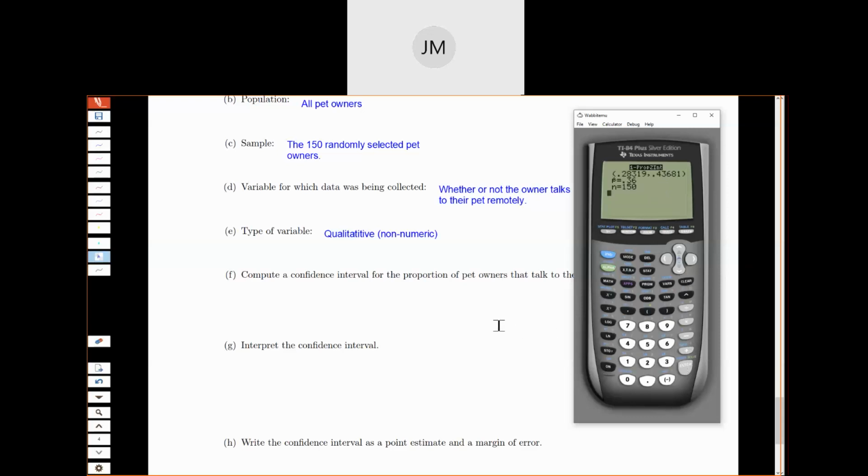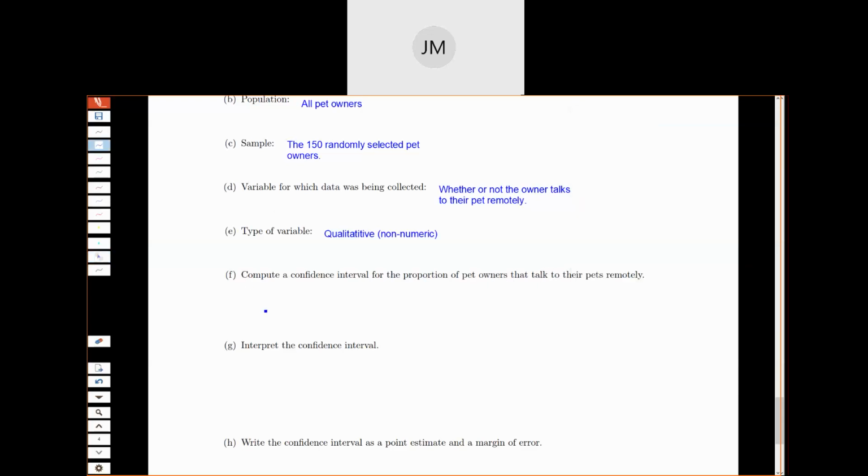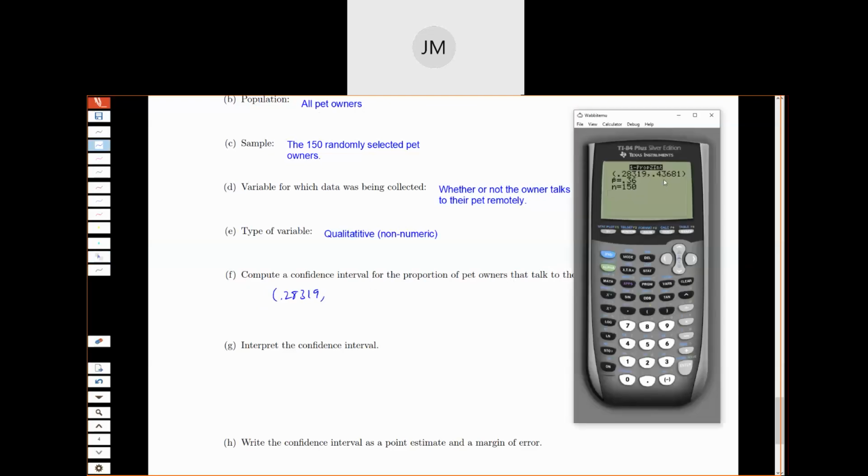Okay, so I'm going to write down that confidence interval: 0.28319 to 0.43618.